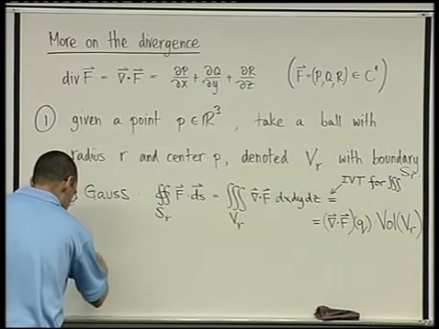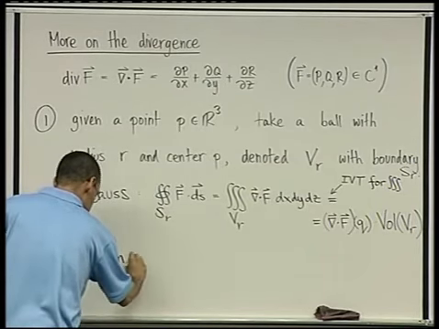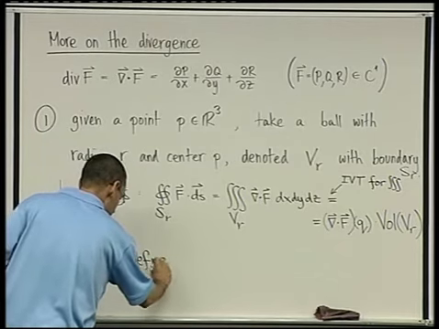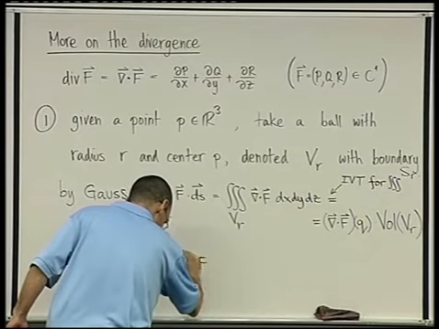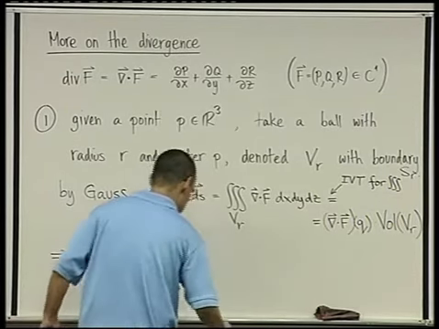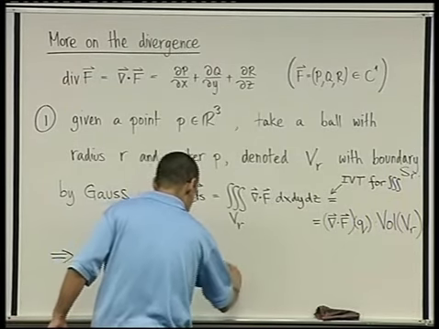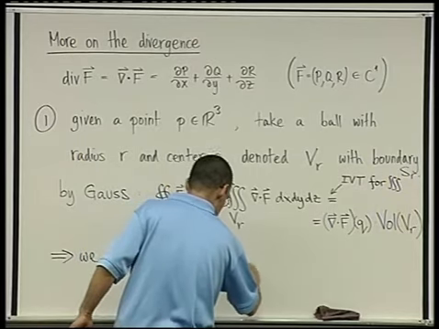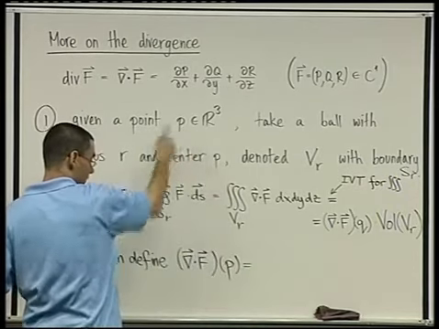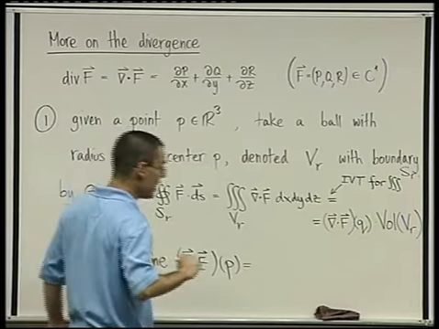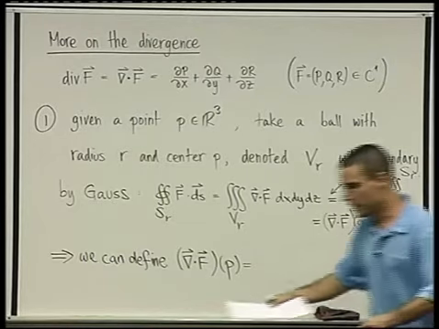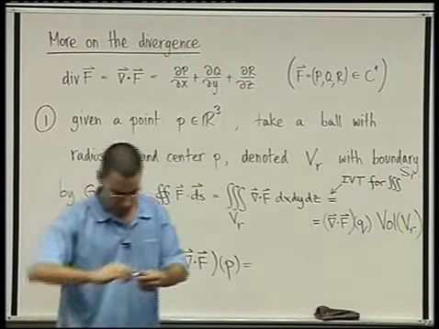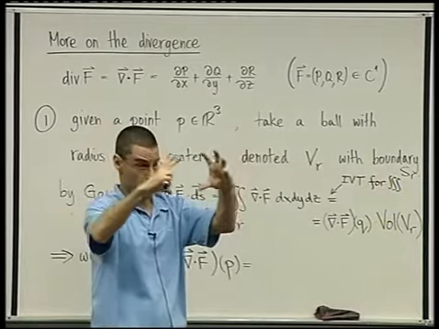We can define the divergence of f at the point P, which we started with, as take the limit as r goes to 0. As r goes to 0, the ball shrinks.